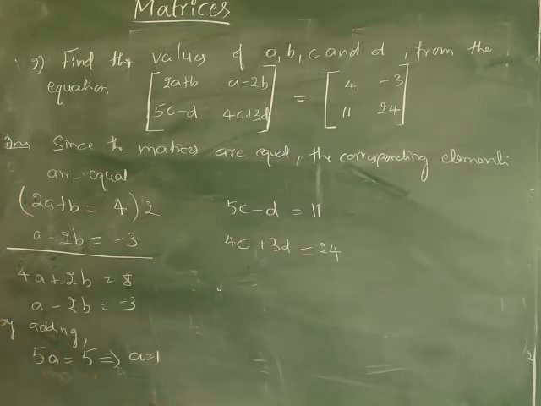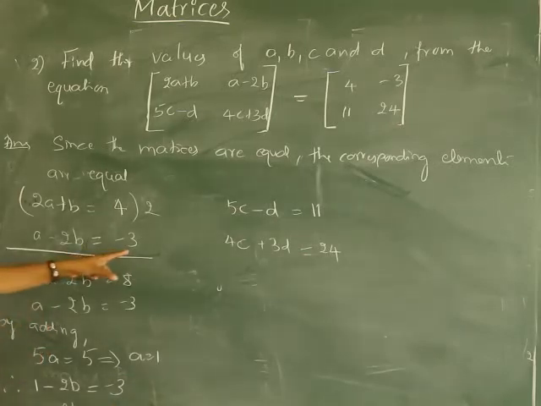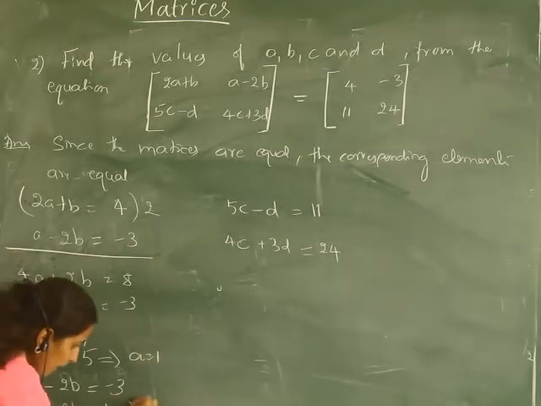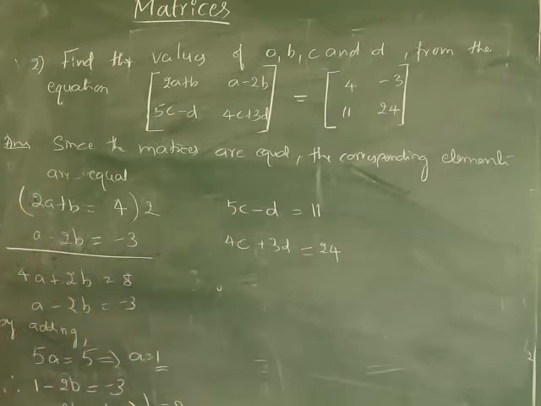Therefore 1 minus 2B is equal to minus 3. So 2B is equal to 1 plus 3 is 4. So this implies B is equal to 2. So we got the value, A is equal to 1 and B is equal to 2.